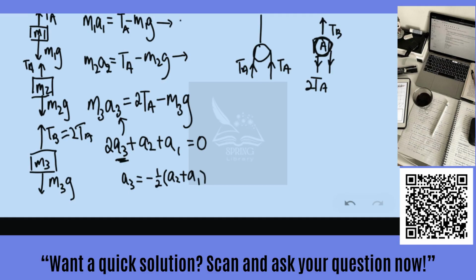From the first equation, we get a1 is equals to TA over m1 minus g. For a2 is TA over m2 minus g.